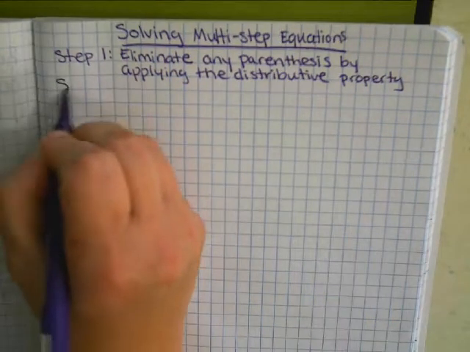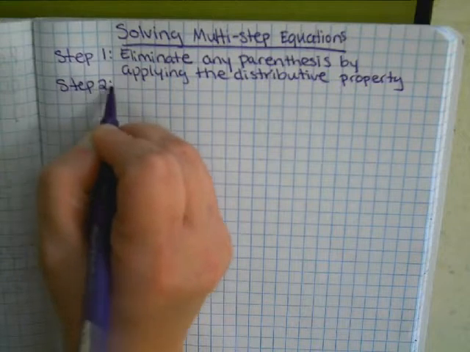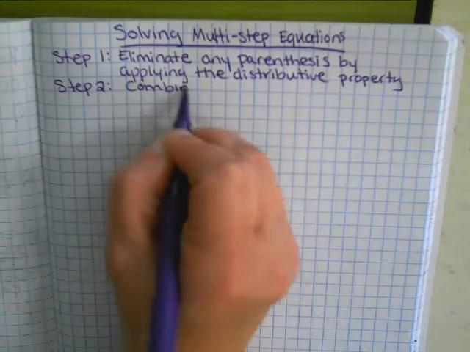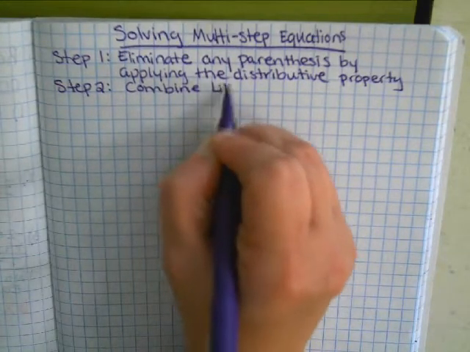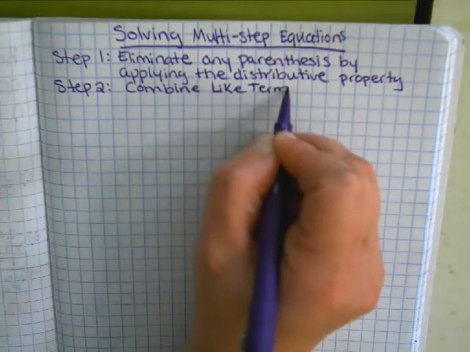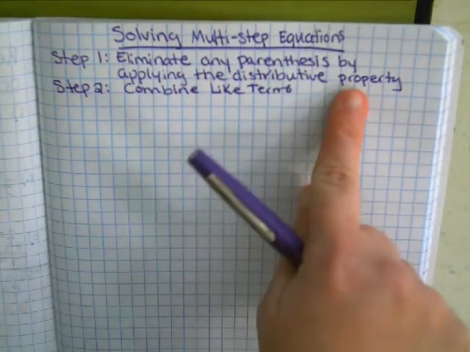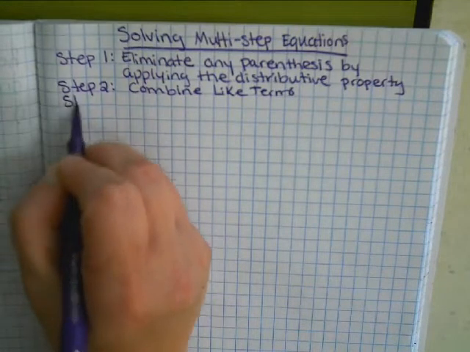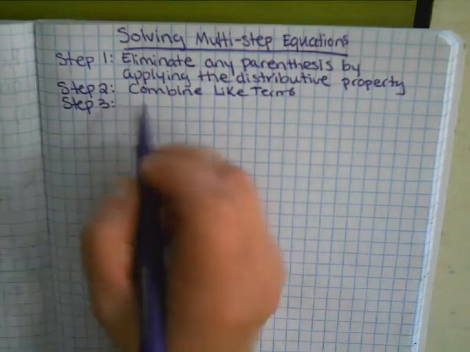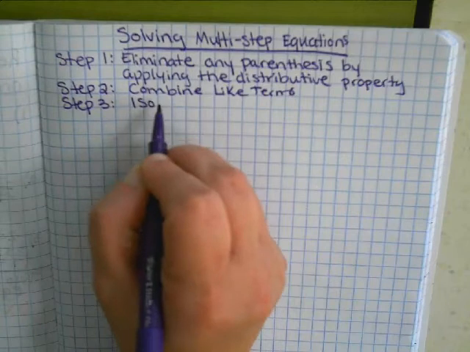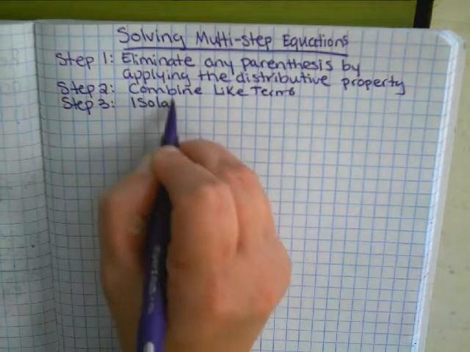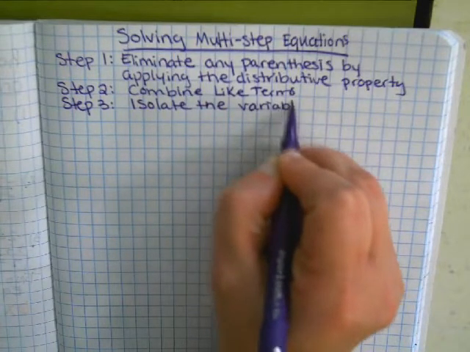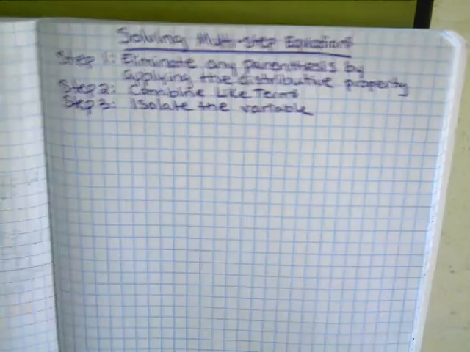Step 2, combine like terms. So we have to distribute, then combine like terms, and then step 3, we're going to solve the equation by isolating the variable. There are our 3 steps.